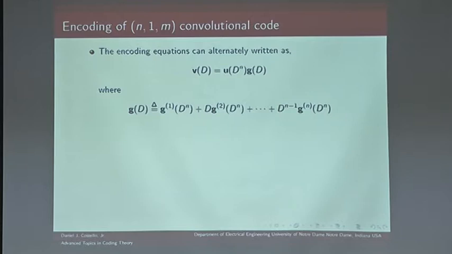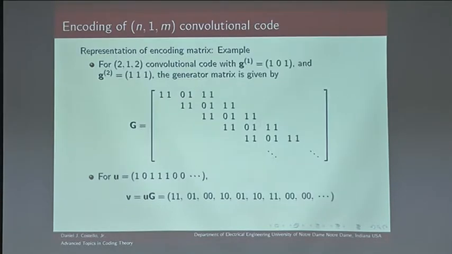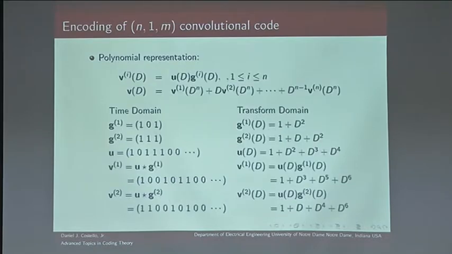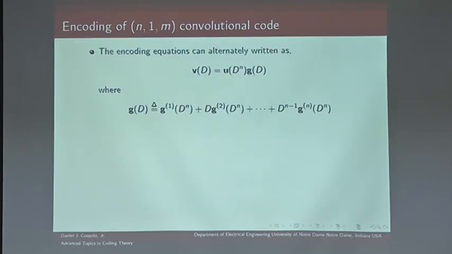And you can get v of D, which is this thing written as a polynomial, in one equation, if you like, rather than doing it separately n times. So again, these things are not such a big deal. It's just notation and an indication that we can write these sequences in different ways.